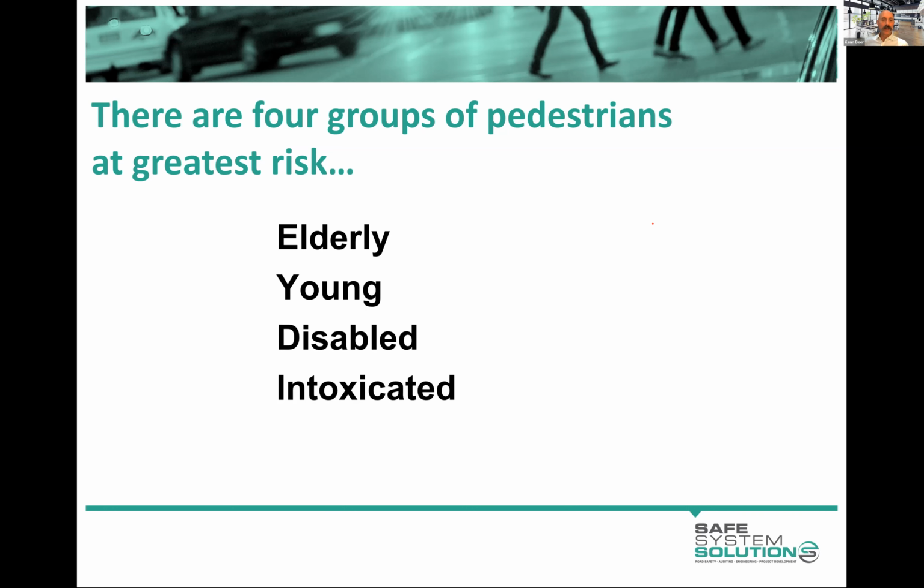Sure, we need to try to work on having better other systems in place so not so many people are getting as intoxicated, but from an infrastructure perspective, there's stuff we can do.